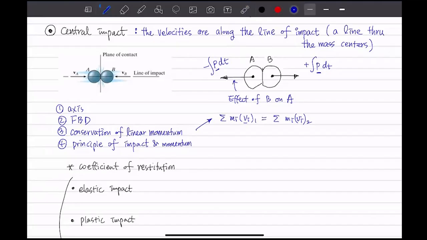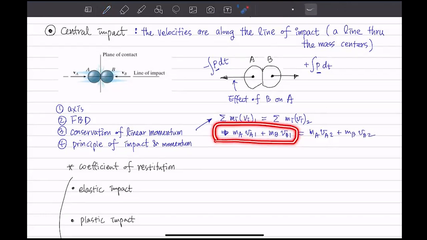Or if we write that out, because we have just 2 particles here, it's m_A v_A1 plus m_B v_B1 equals m_A v_A2 plus m_B v_B2.